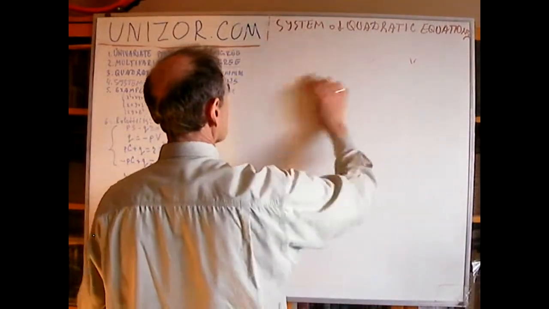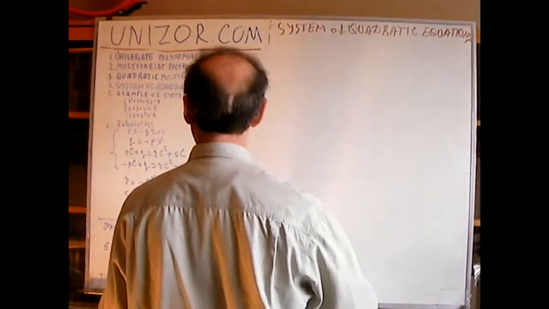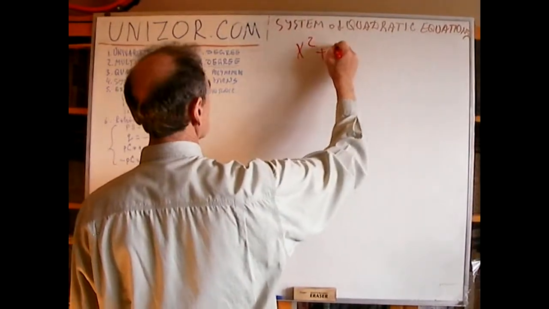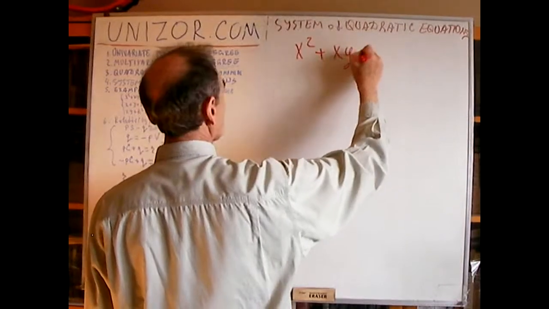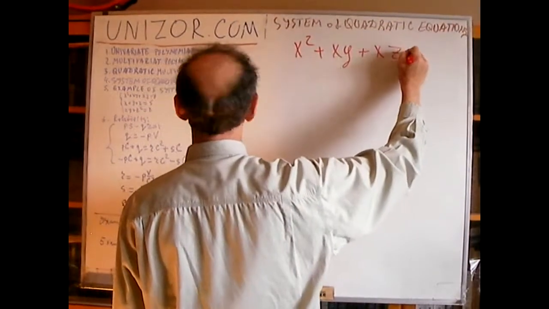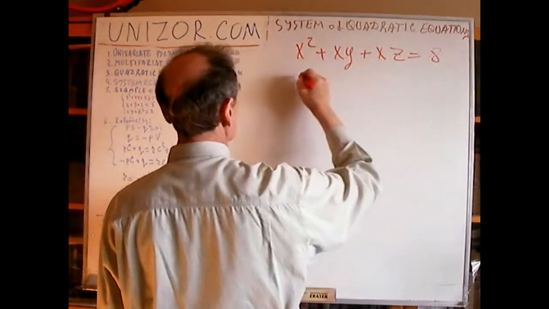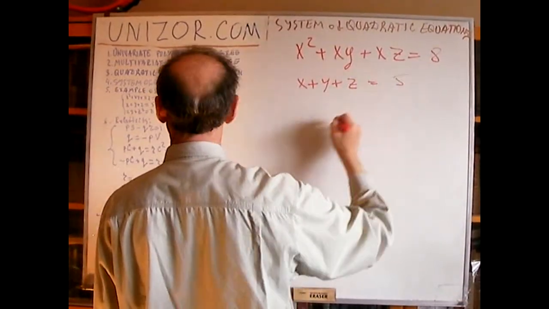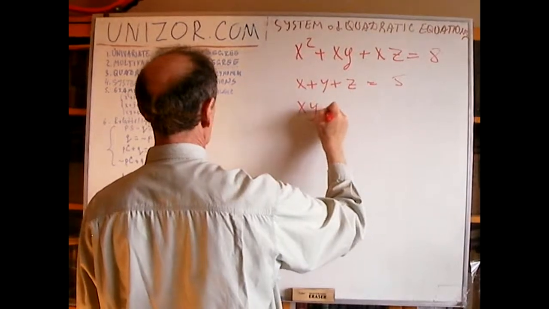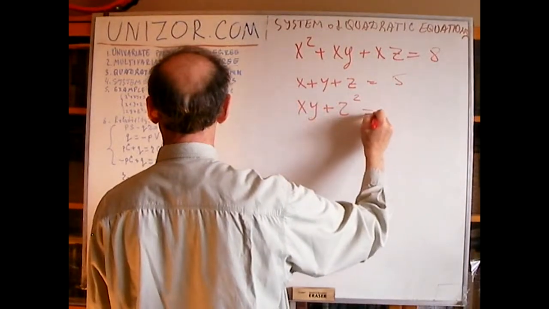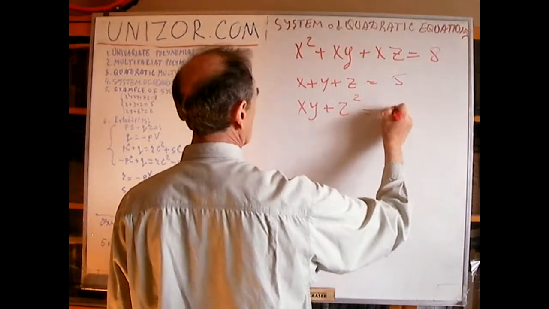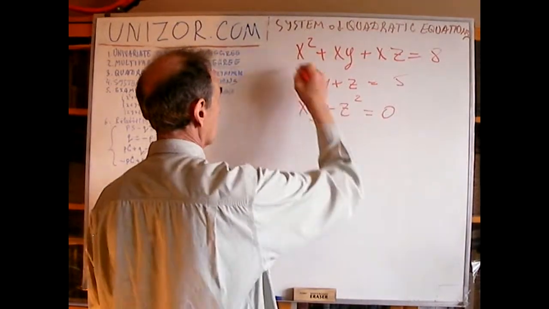All right, so I have a couple of examples here, and I will just put it on the board. Okay, this is the first system which I suggest as an example. Something like this.